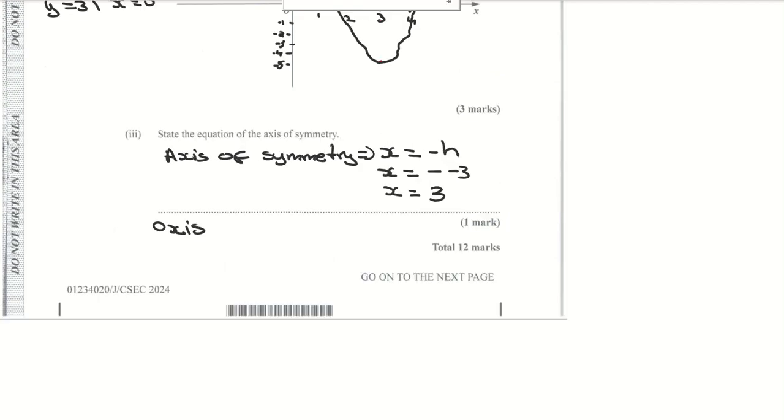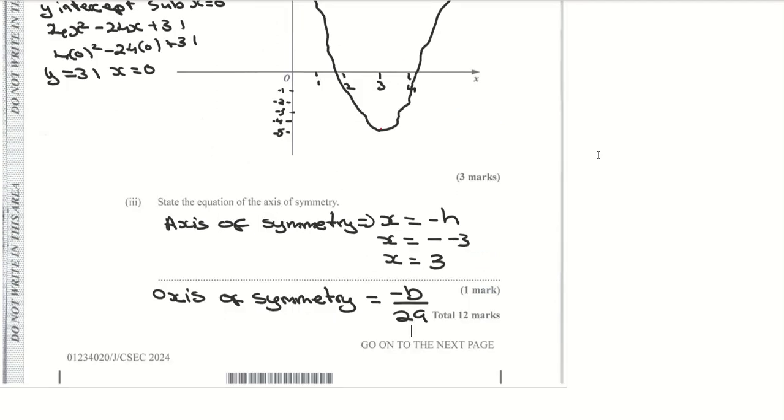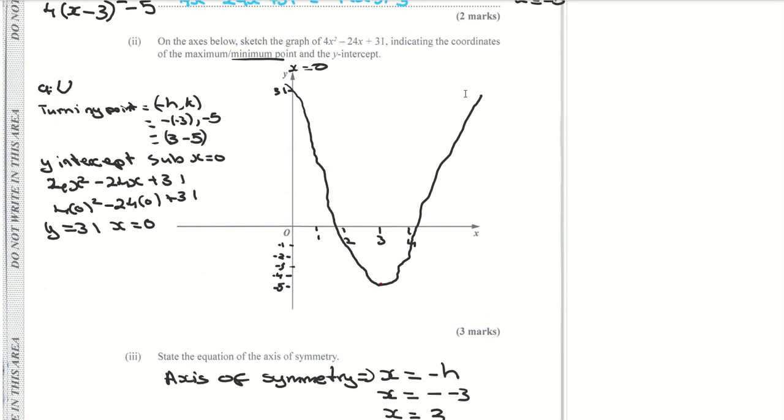My axis of symmetry is equal to minus b over 2a. What is b and a? A is my coefficient of x squared in my quadratic, this right here. So a is equal to 4 and b is equal to negative 24.